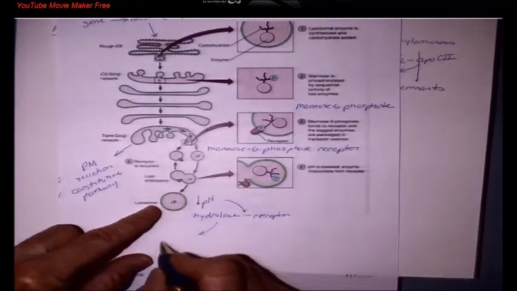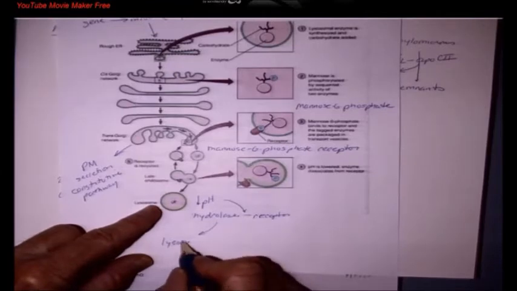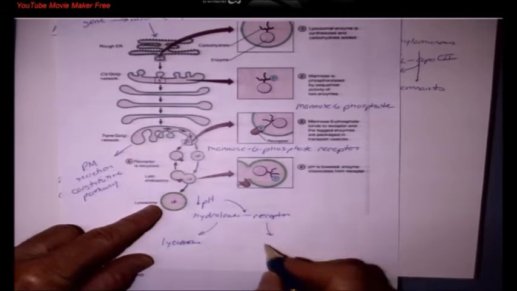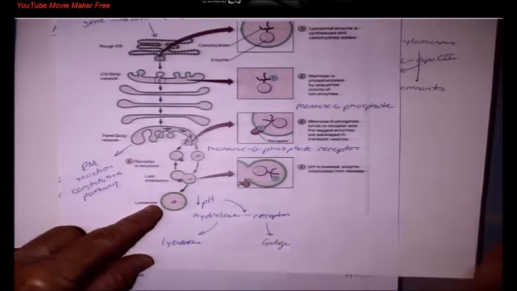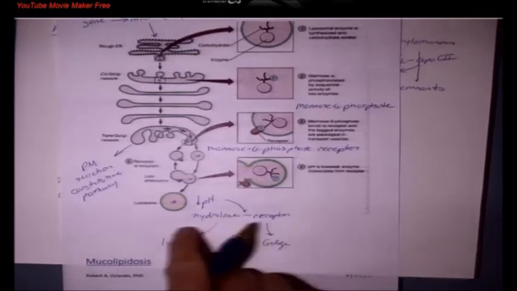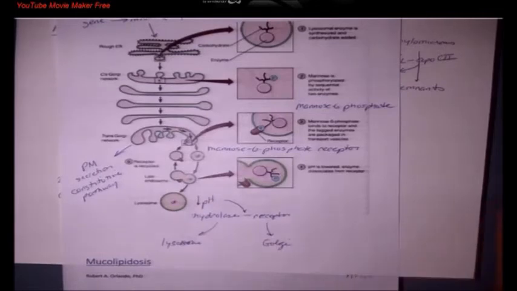The hydrolase goes to the lysosome, and the receptor is recycled to the Golgi. So it's a very similar pattern as the LDL receptor recycling. You need to transport your cargo, which is the hydrolase, to the lysosome, and then you're going to recycle the receptor for continued rounds.